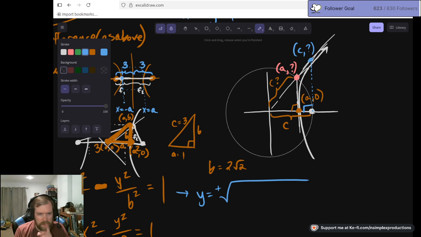This is going to end up being b over a times the square root of x squared minus b squared. And if x is equal to, no, that's the ellipse, so we're still going to get 0 here.